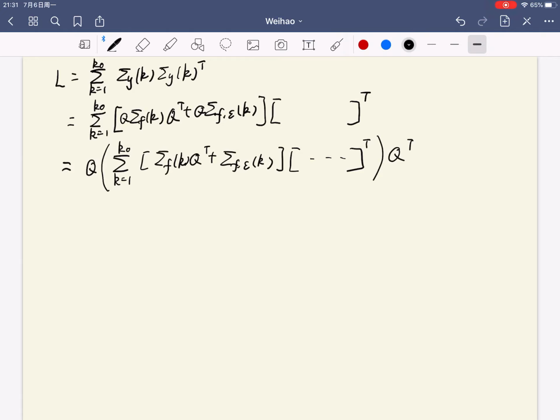Note that the middle term is complex. If it can be a diagonal matrix, then our analysis will become easier. The middle term is also equal to Q transpose L Q, since Q transpose Q equals identity.